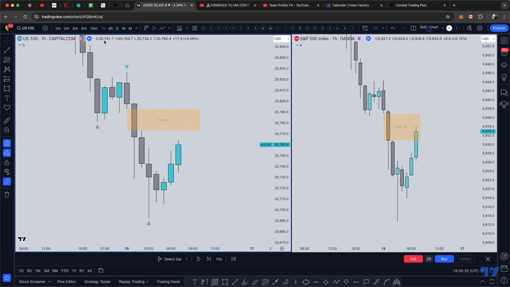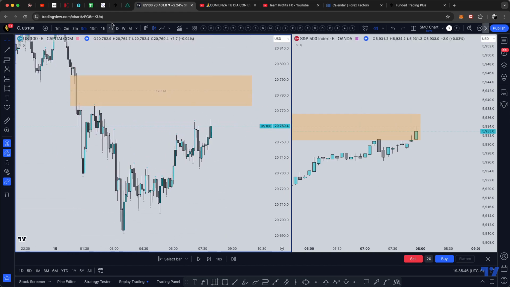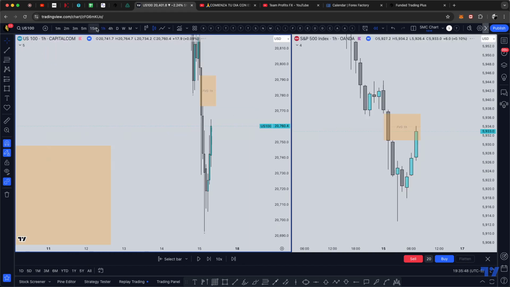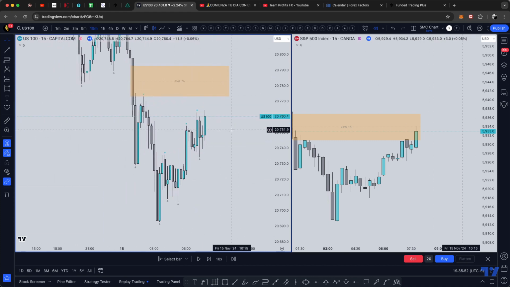So when it comes to the 1 hour time frame, I'm going to jump from the 1 hour to the lower time frame. From this one, I would go ideally to the 5. I can go to the 1 minute if I wanted to, or I could even go from 1 hour to 15 minute just to see. Sometimes you're going to find a better entry in any of those time frames.